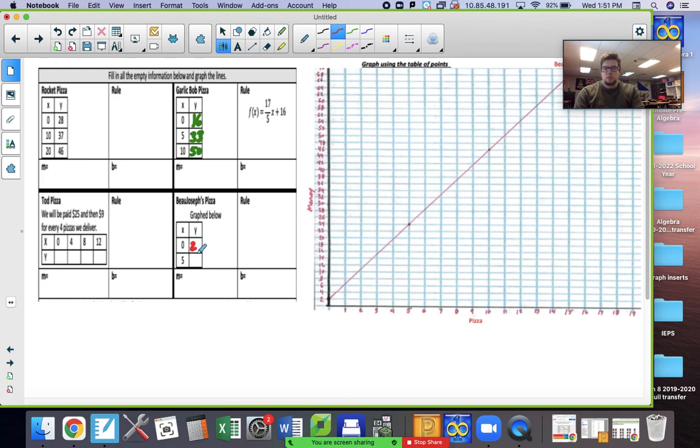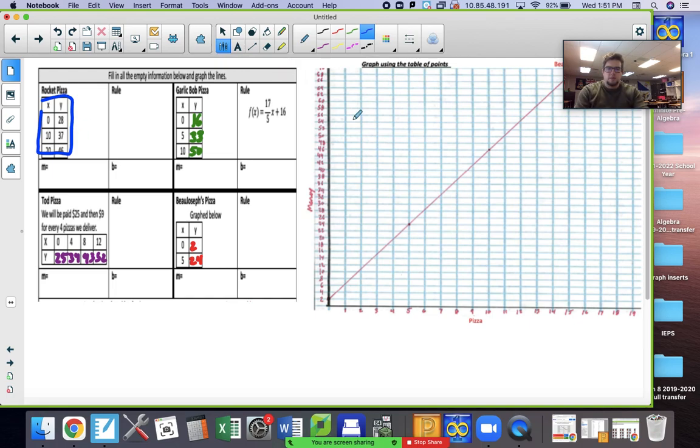This was 2 and 24. Todd Pizza will be in purple. We had 25, 34, 43, 52, and then last but not least, we'll put Rocket Pizza in blue. It's already plotted for us here, so I don't need to do much about it.